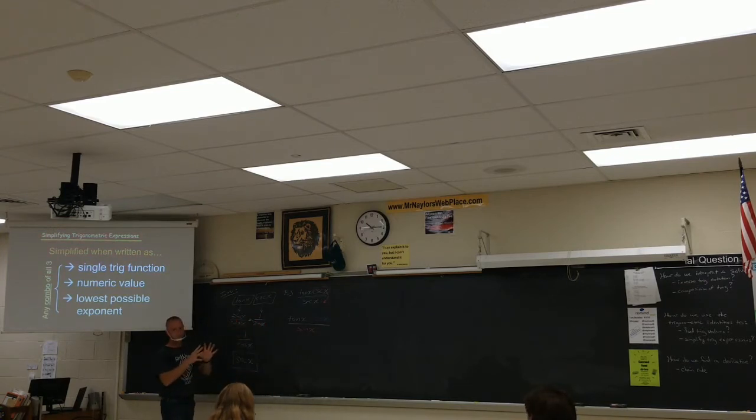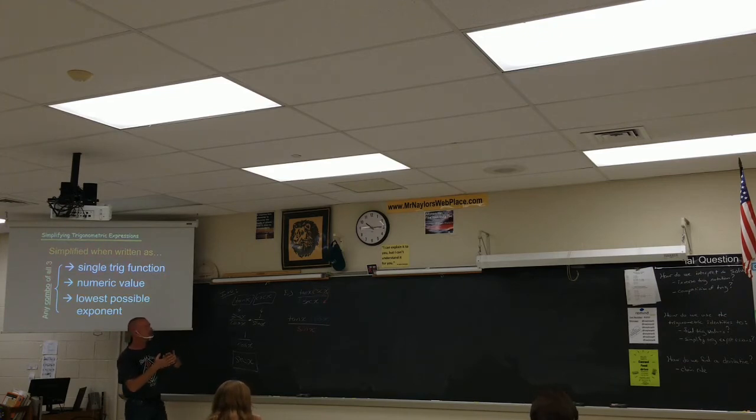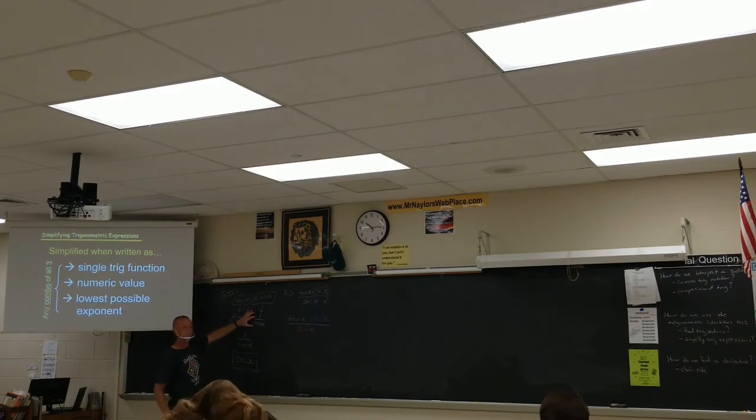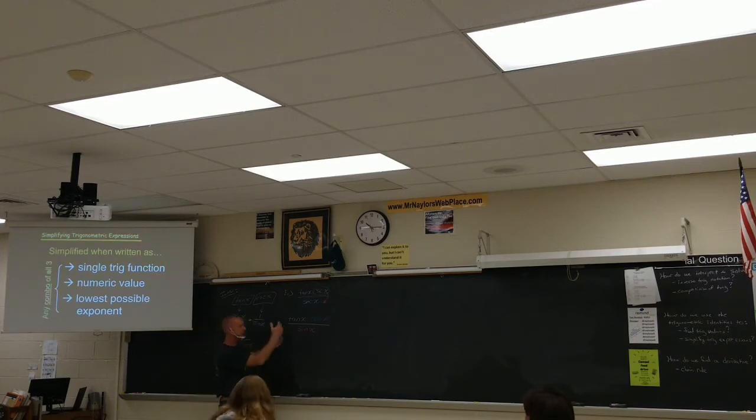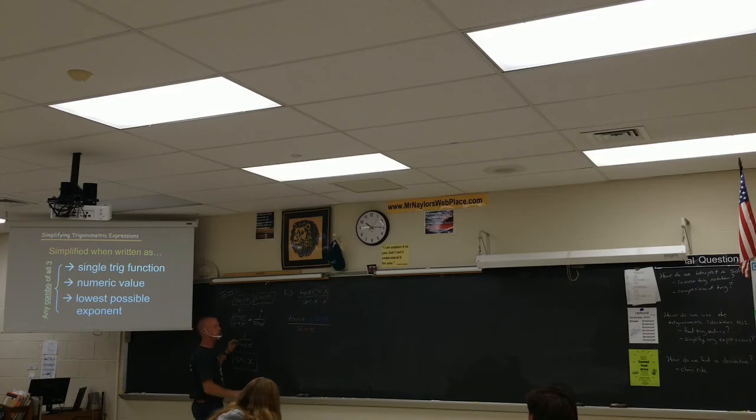We'll keep doing that. What I did right there was very similar to what you saw here, where we changed cosecant to be 1 over sine. I just skipped writing the 1 over, because I already had a fraction that I could flip. Tangent, just like you changed it over here to be sine over cosine, we're going to make the same change: we're going to change tangent to be sine over cosine.